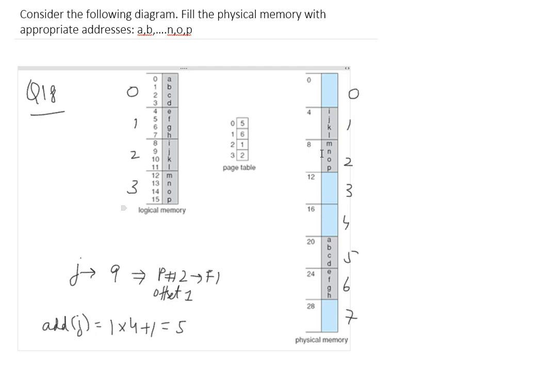This will be the address of N. And N, if you can see here, is 13. So from 13 you go to page number 3, which is frame number 2, and then it is the second one here, offset 2. So you can use this method to find the page and the offset.